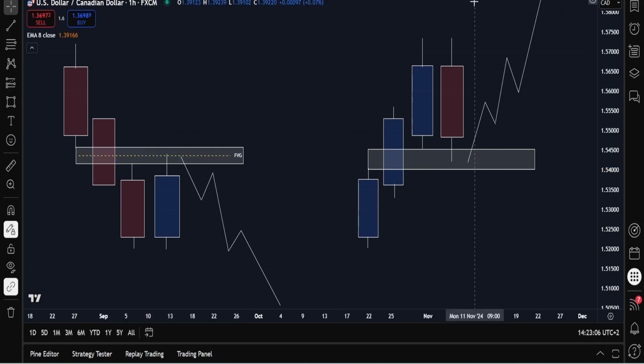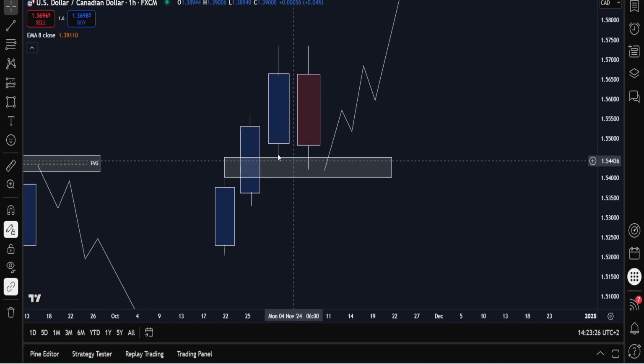And when price is bearish, you want to see the body of the candle not close above 50% of that fair value gap. If we close below it, that indicates bearish movement or momentum, and we move down.